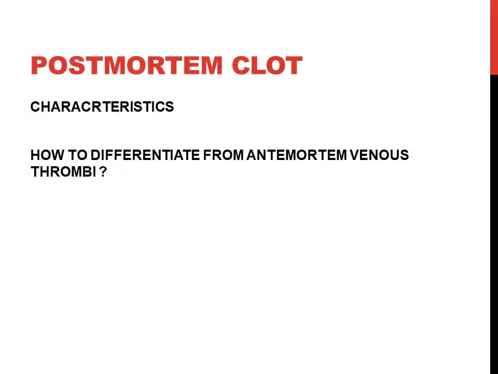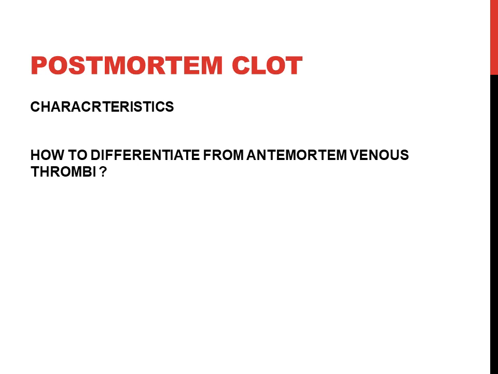Postmortem clots are also important and they are related to thrombosis. When we talk about postmortem clots, we can easily confuse them with the antemortem venous thrombi, so there are a few differences between these two types. The postmortem clots are usually gelatinous in nature, and the red blood cells settle with gravity to the lower, dependent portion.